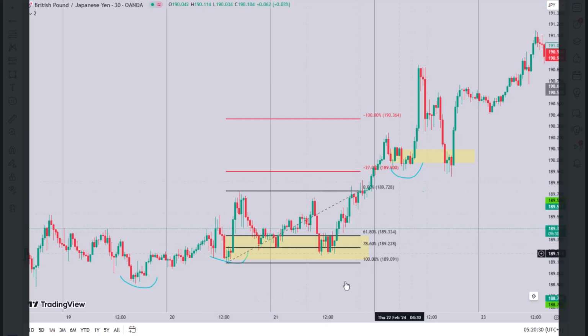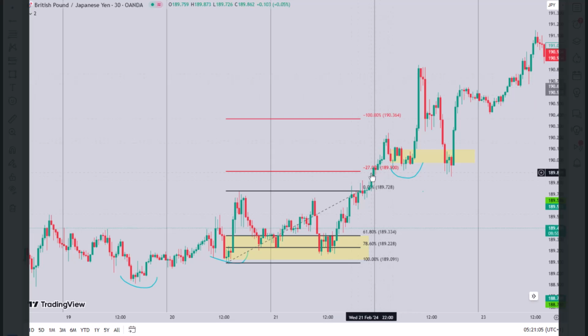And as you can see, this was our demand zone. Price came back, revisiting that zone coupled with our Fibonacci retracement level. On the Fibonacci retracement level, as you can see, I have two reversal zones, the 78.6% retracement level and the 61.8% retracement level. Price came exactly into those two levels and then rallied all the way to the upside.